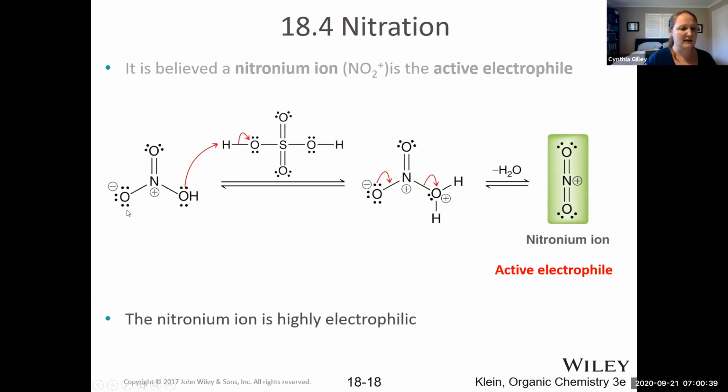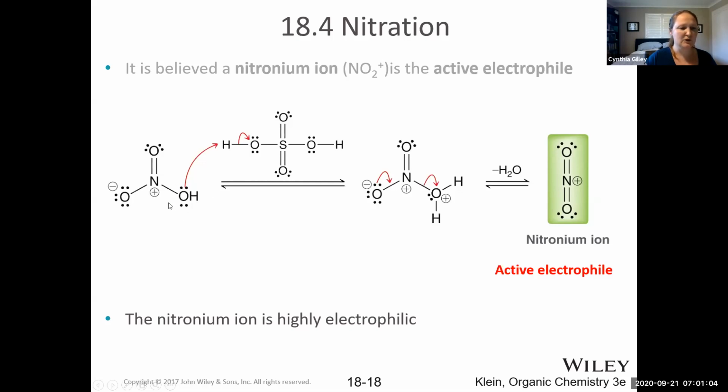The reason is that the oxygen is actually stabilizing the positively charged nitrogen. When you have atoms where there's a formal positive charge next to a formal negative charge, this is called a zwitterion. This is actually a zwitterion and it's fairly stable, so those opposite charges are stabilizing one another.